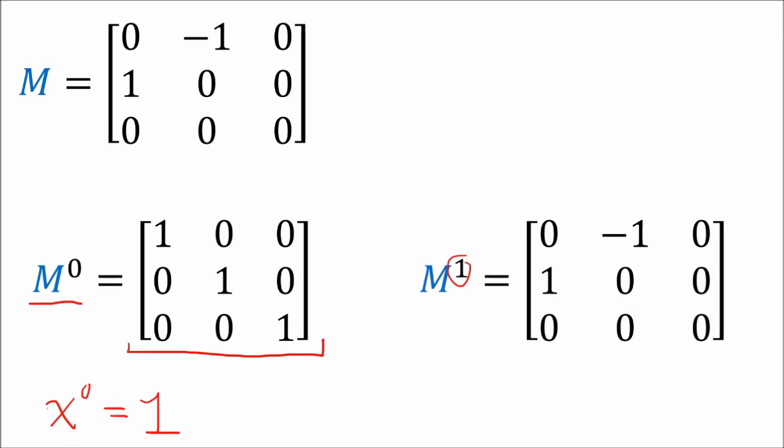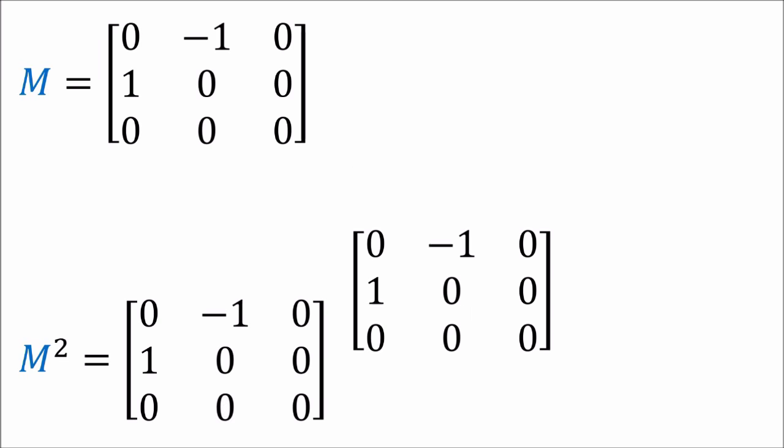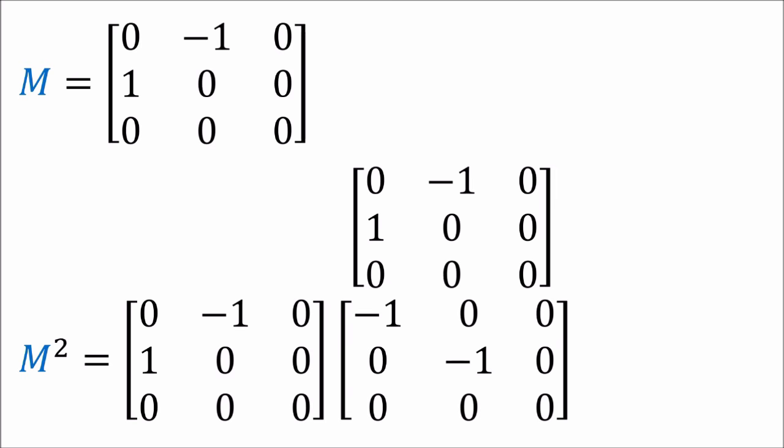M to the 1 is just the matrix M itself. To calculate M squared, we just do M times M. And we get a matrix with the entries -1, 0, 0, -1 in the top left corner, and all the other entries are 0.